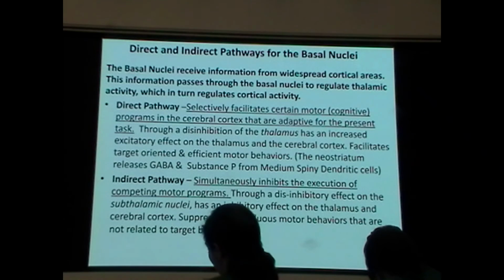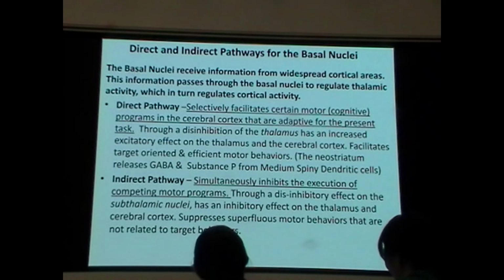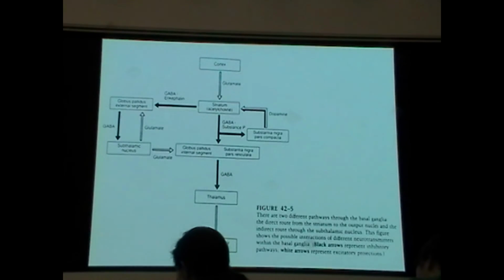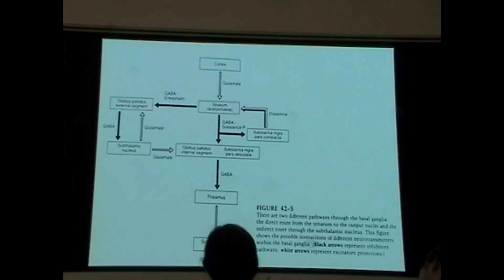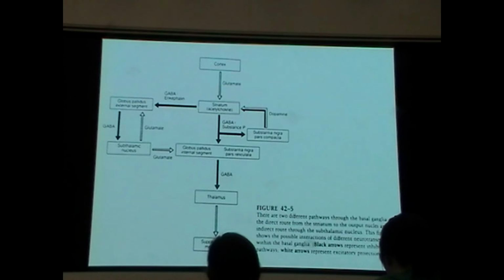Okay? All right, so that's basically a summary of this. Cortex to striatum. What's striatum? Caudate and putamen. It causes an output, which is an inhibitory pathway, or excitation is a white arrow.